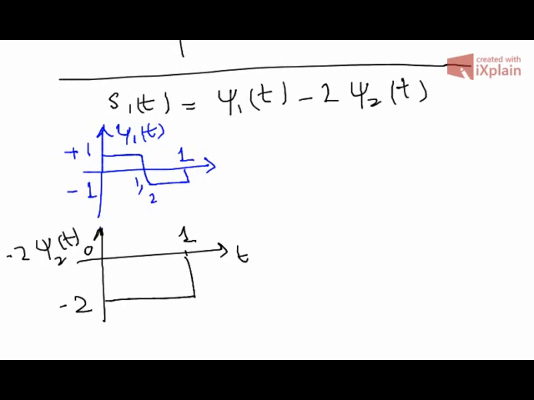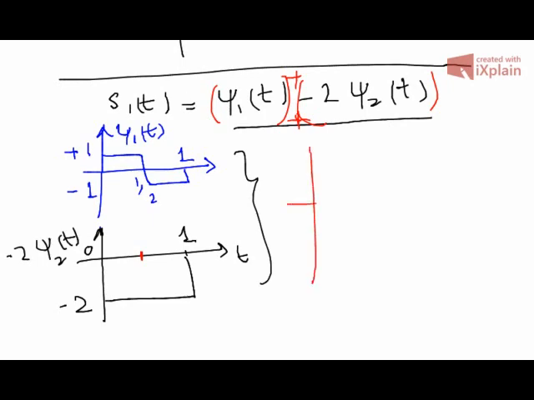So if you add these two, as you can see from this expression, you are adding psi 1 of t and minus 2 times psi 2 of t. So what will you get? From 0 to half, this is 1, this is minus 2.